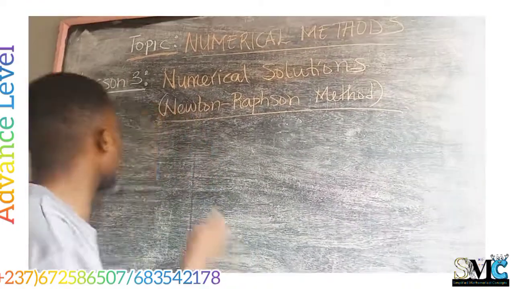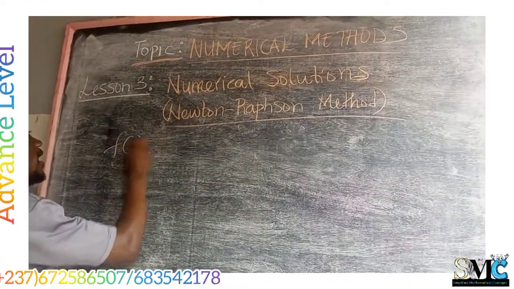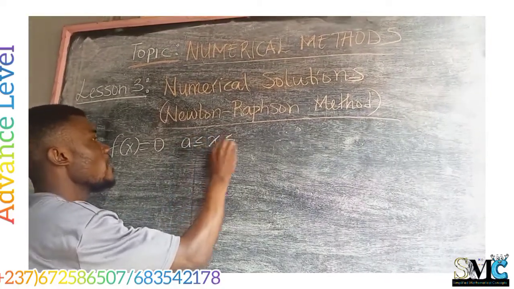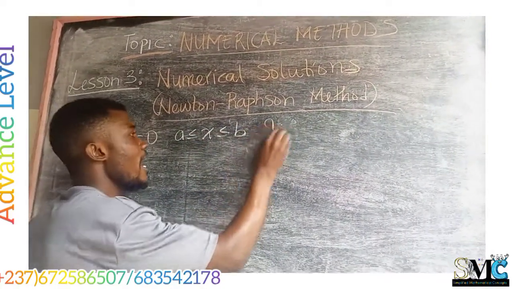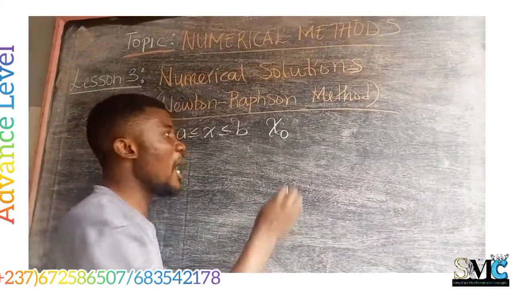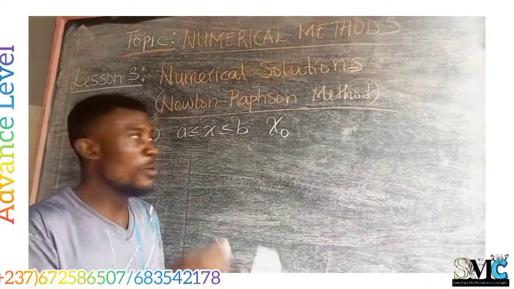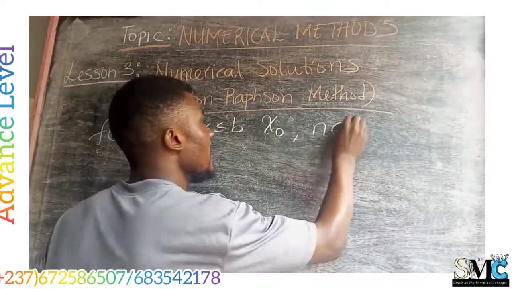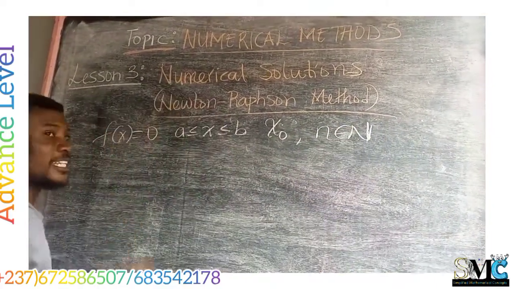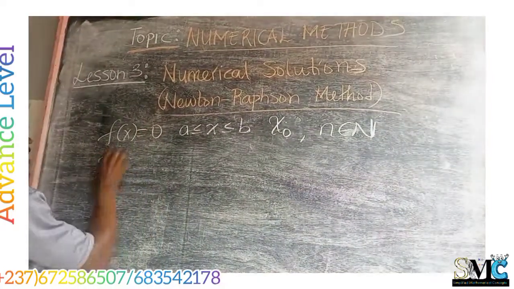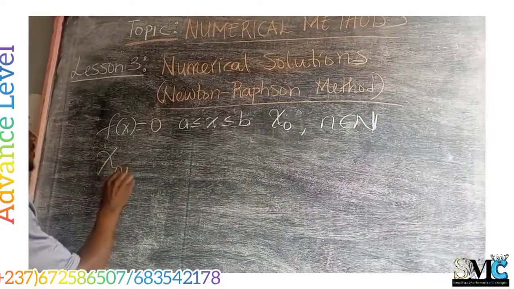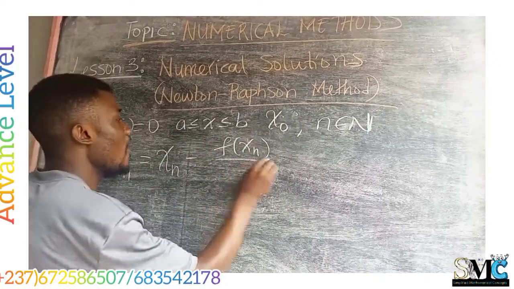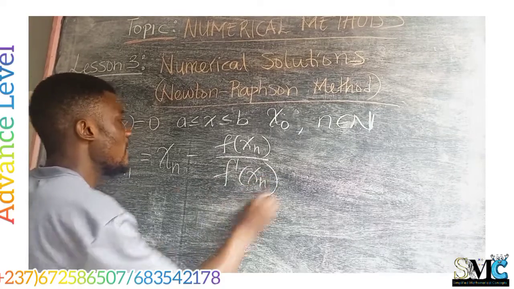The Newton-Raphson method says that if f of x equal to 0 has a solution in the interval a less than or equal to x less than or equal to b, where x0 is an initial approximation of one of the roots, then for different values of n, the other roots are obtained by this formula: xn plus 1 equal to xn minus f of xn all over f prime of xn.